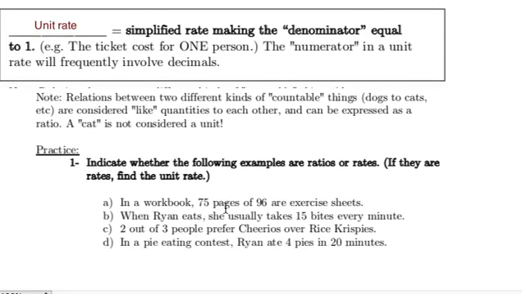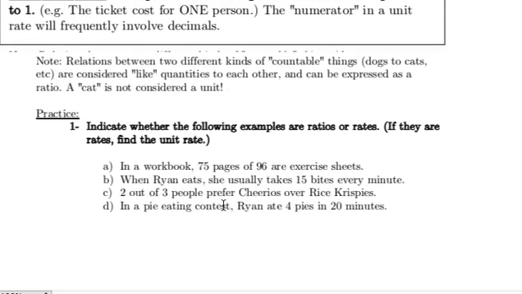So for example, down here, when it tells you that in a pie eating contest, let's get a pencil going here. In a pie eating contest, Ryan ate 4 pies in 20 minutes. To get a unit rate out of this, this is a rate. To get a unit rate, we need it not to be per 20 minutes, but we want it to be per 1 minute, or per 1 hour, or per 1 day.